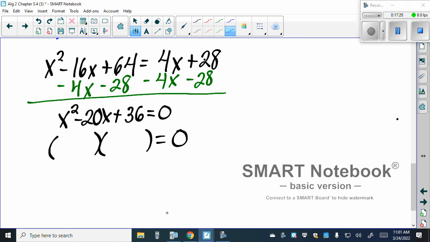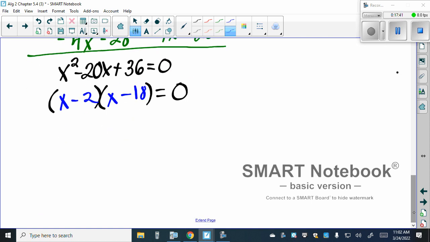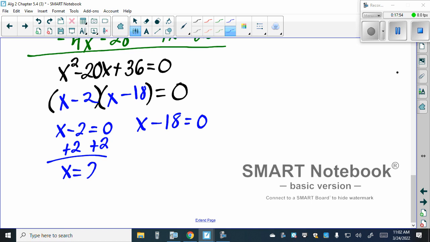Now if we factor this, since 36 is positive, our signs would be the same. Factors of x squared would be x and x, and well, 2 and 18. Set both of those equal to 0 and solve, saying that x minus 2 is 0, x minus 18 is equal to 0. Here we would add 2, saying x is equal to 2.